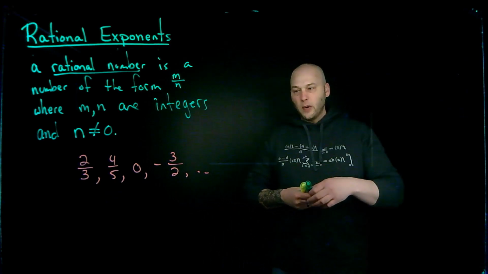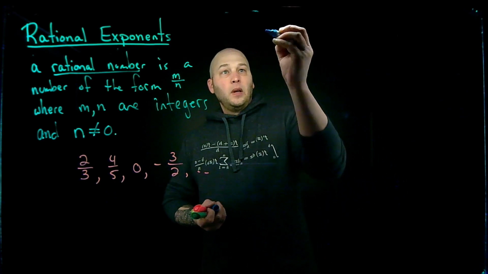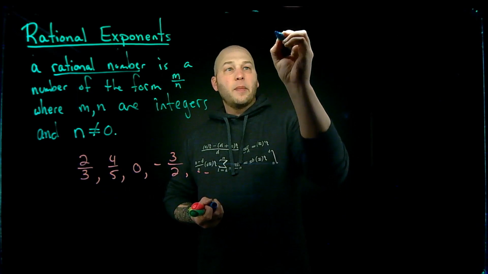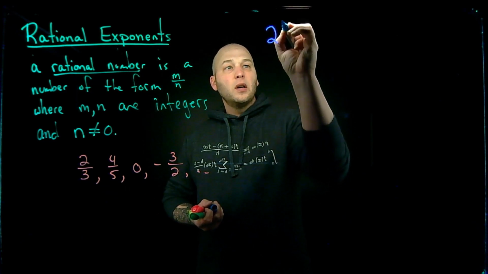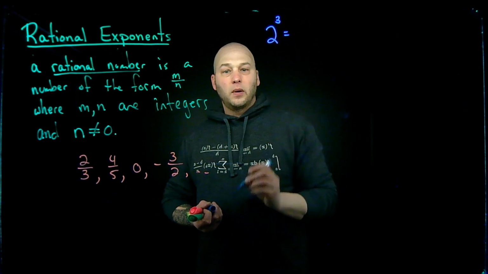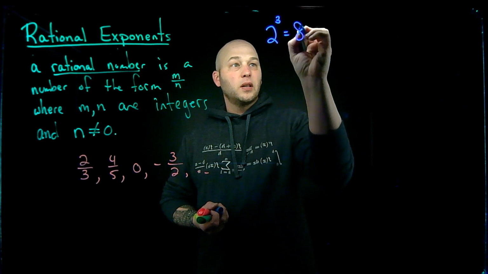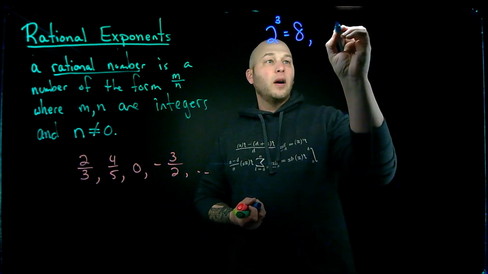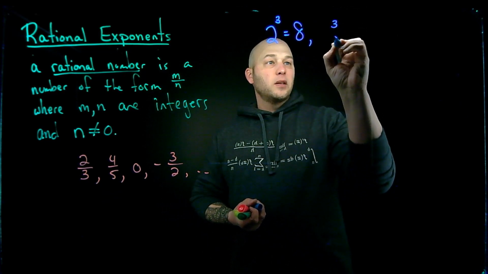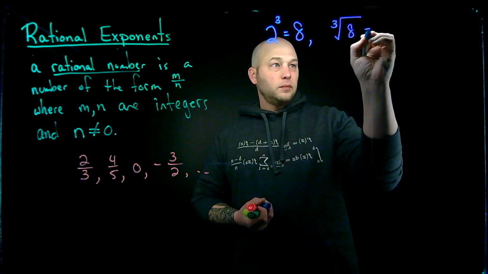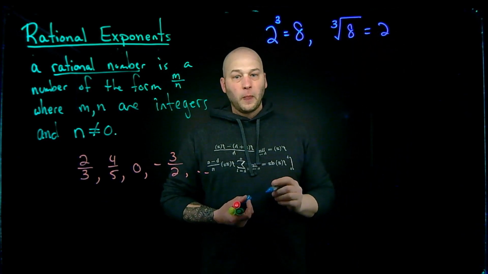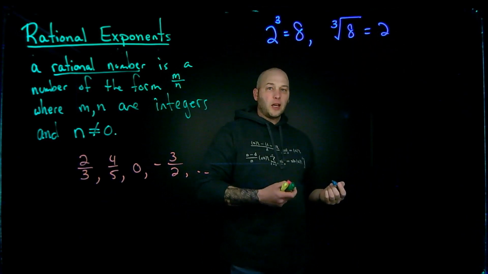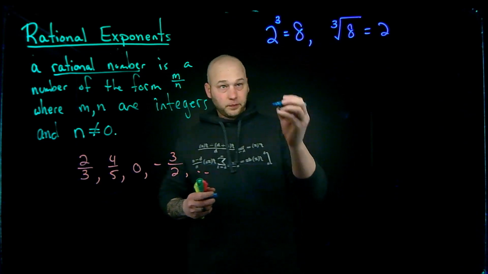Well, first and foremost, let me take a look at a pretty basic computation. If I take 2 to the third power, of course, this is 8. Now, 2 to the third equals 8. I can equivalently write this information as the cube root of 8 is equal to 2. Now, let's use properties of exponents on this left-hand equation.